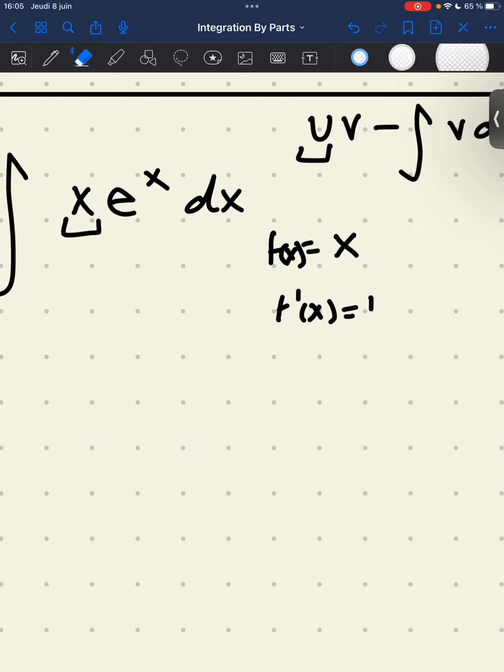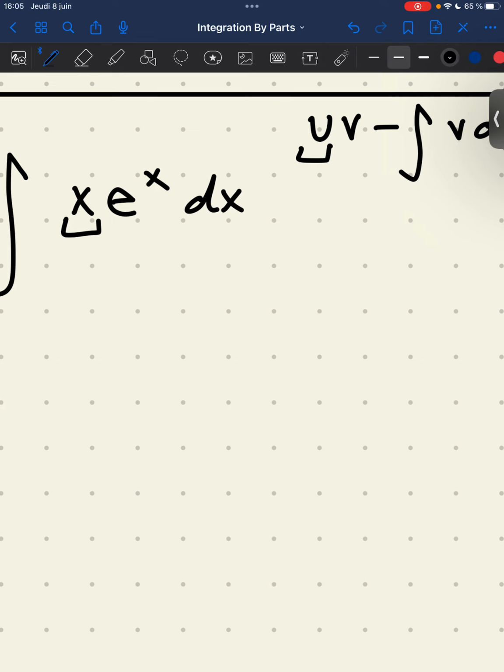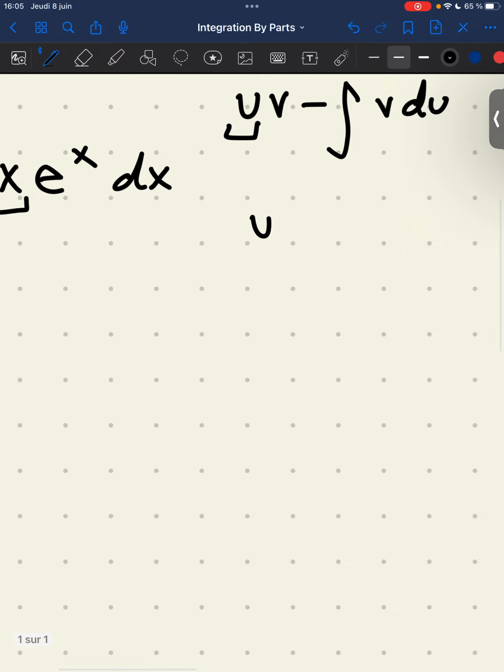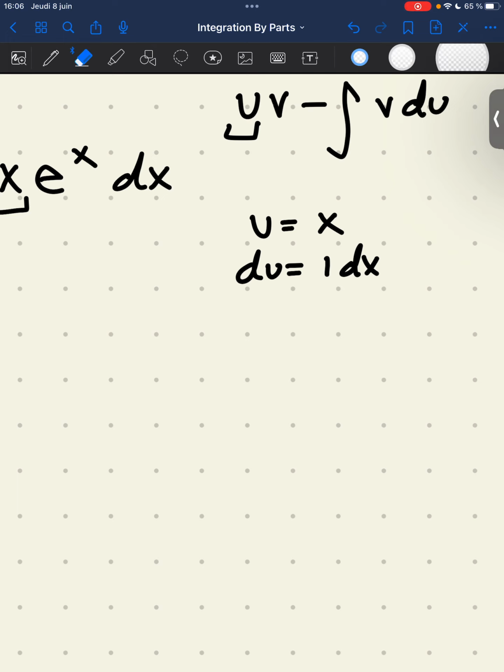This will make sense in a little bit as to why it's better to choose the easier differentiable function. So we can call u x, and du is equal to 1 dx. Typically I don't like writing the 1, so I just call it dx, because it's the same thing as saying 1 dx.